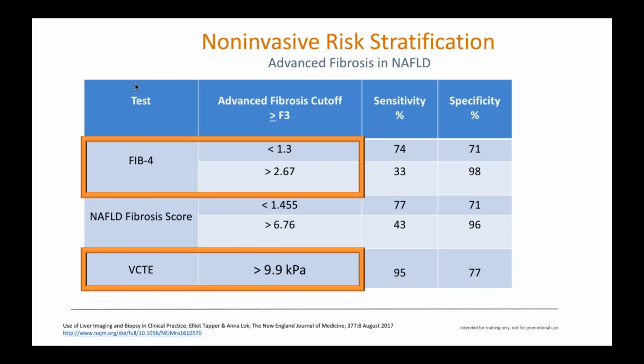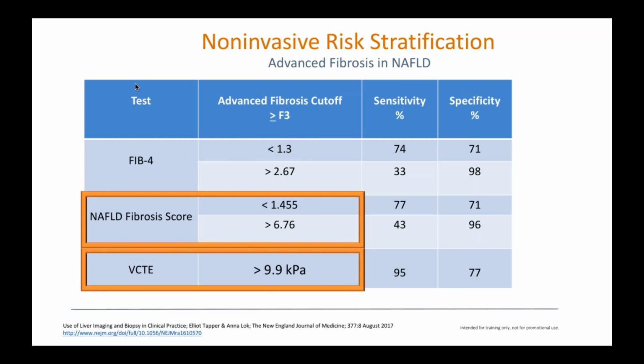Now, looking at the Tapper-Loomba publication, these are the high and low cutoffs that they suggest for those values. So here you see the FIB4 values, high and low, combining it with VCTE at 9.9 kilopascals.